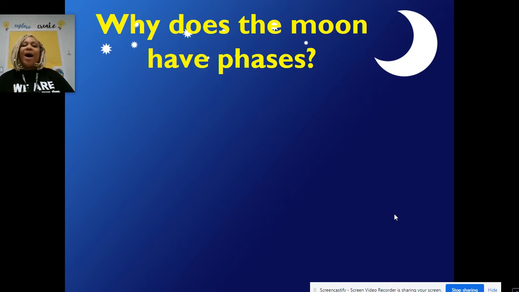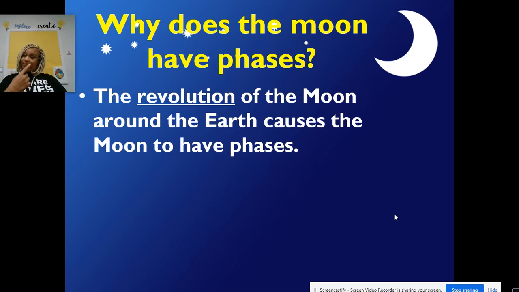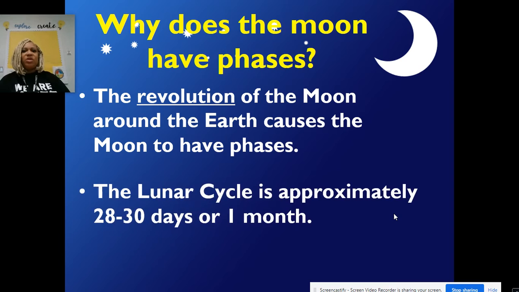So, why does the moon have phases? Well, the revolution of the moon around the Earth causes the moon to have phases. And remember, the revolution is going in what direction? Counterclockwise, right? That west to east motion.